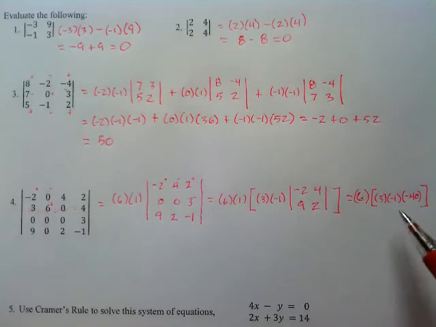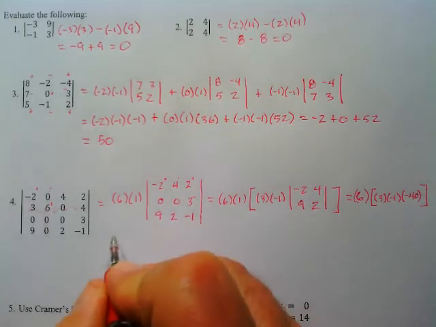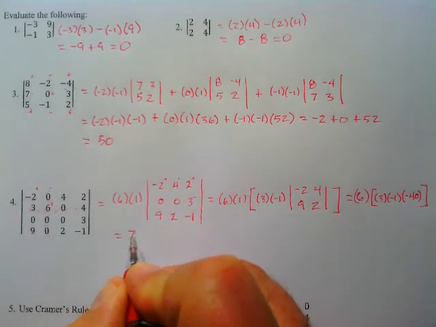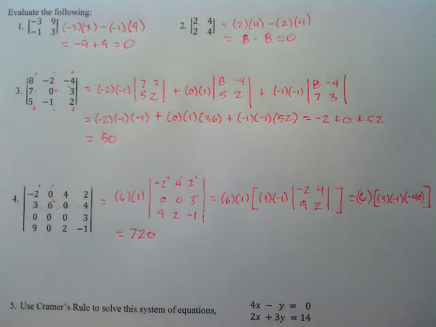And so now I'm left with 6 times 3. That'll be 2 negatives, so 6 times 120. And so this will all equal 720. And I have the value of that determinant.